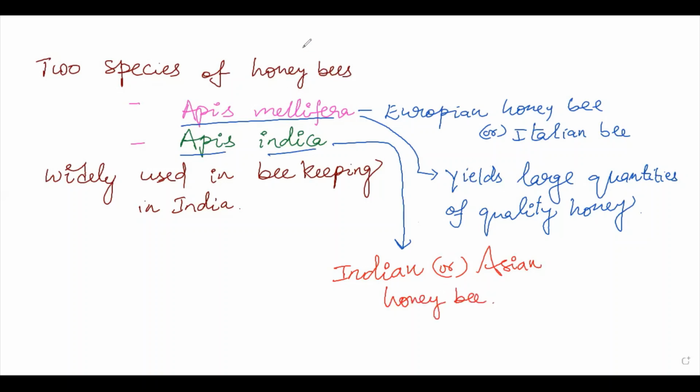This Apis indica, generally we can say, is a wild honeybee and also domesticated. So the two important species most widely used in beekeeping are Apis mellifera and Apis indica.